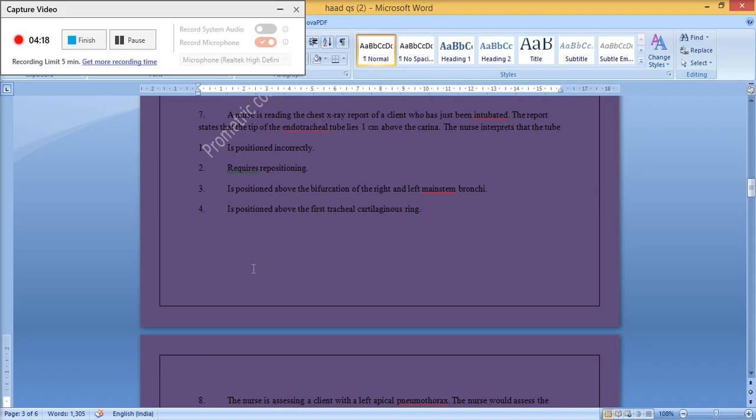Is positioned above the bifurcation of the right and left mainstem bronchi. 4. Is positioned above the first tracheal cartilaginous ring. The correct answer is 3. Is positioned above the right and left mainstem bronchi.